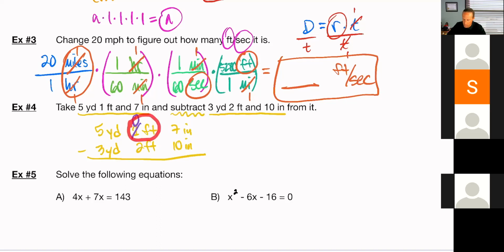So if you borrow a foot and give it over here to the inches, is it just going to be another group of 10? Be 19 total inches. Very good. We would be taking that 1 foot and actually adding 12 to that. So we'd have a total of, like somebody said, 19 inches actually, not 17. But now does that allow me to subtract?